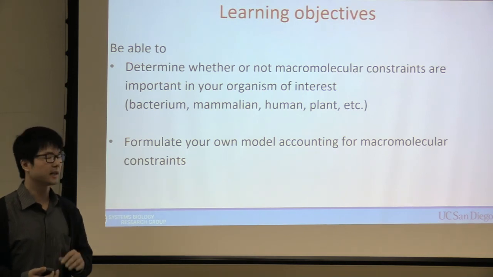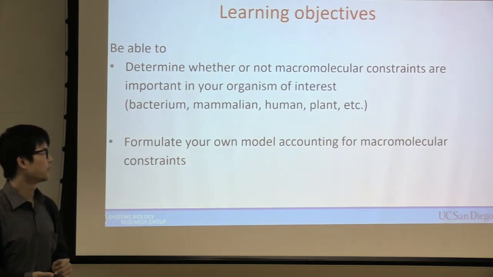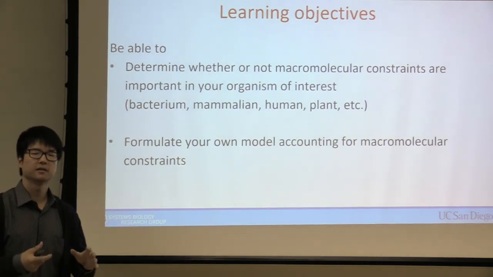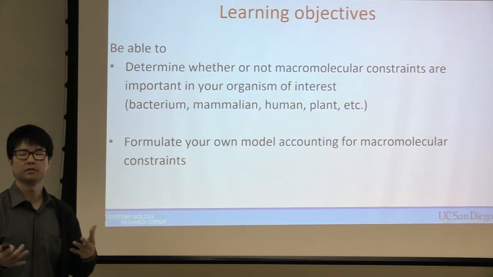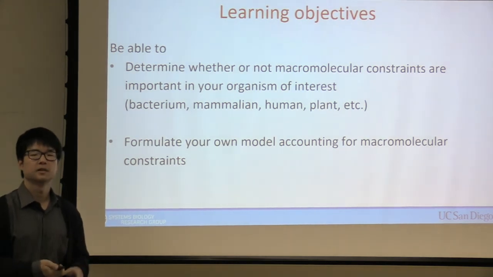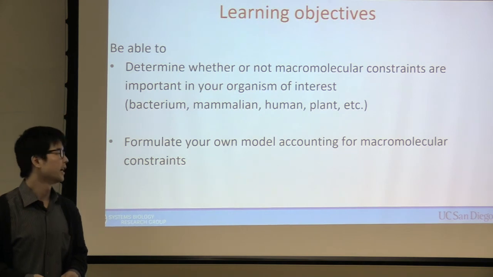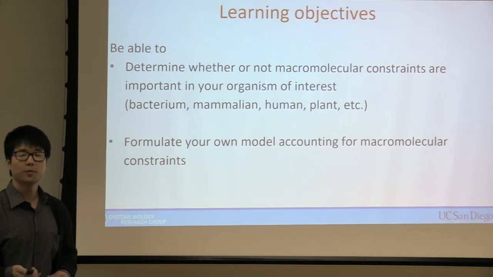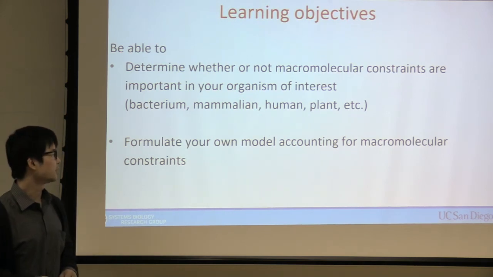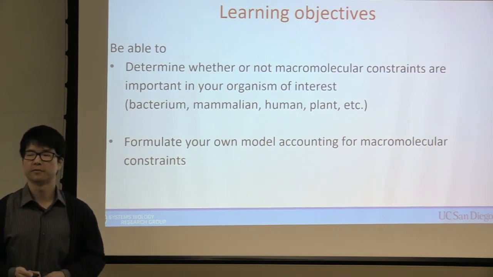And then once you've identified this constraint, to actually go in and formulate it, and extend the COBRA methodologies that you've already learned within this course. As you've seen, mathematically, it's not very complicated. And so my hope is that, walking out, you'll be able to identify the constraints and formulate them for your own problem of interest.